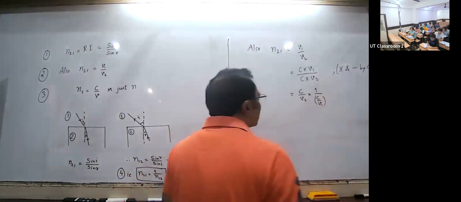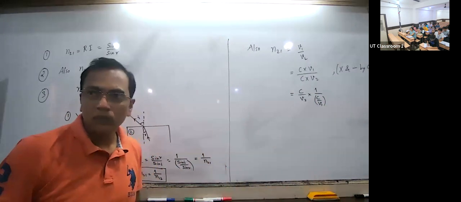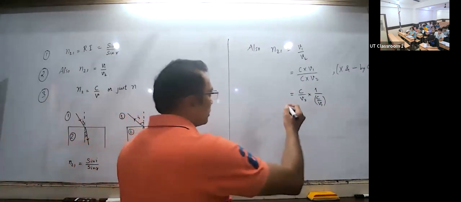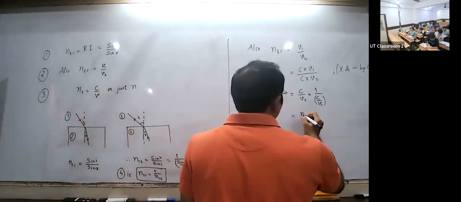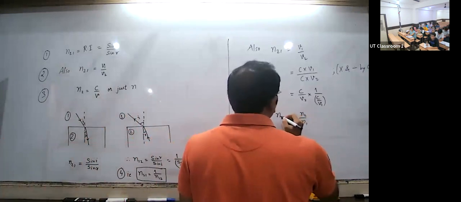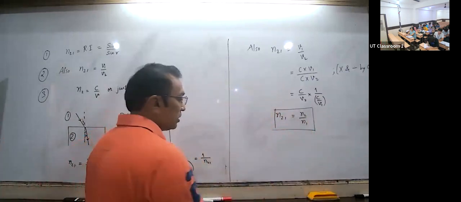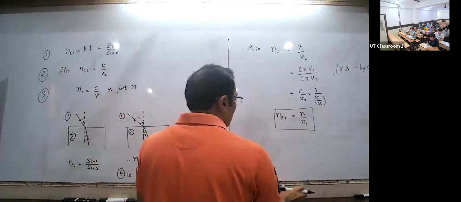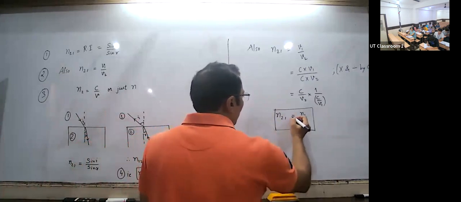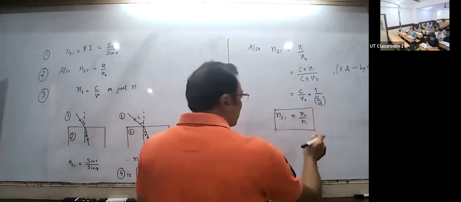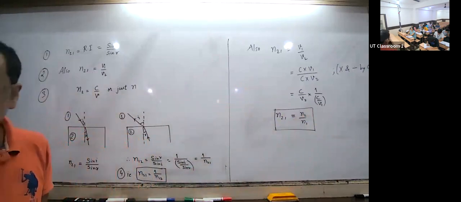Can we do this? Right. So what is this? This is N2 upon N1. These are the relations in terms of absolute refractive index.